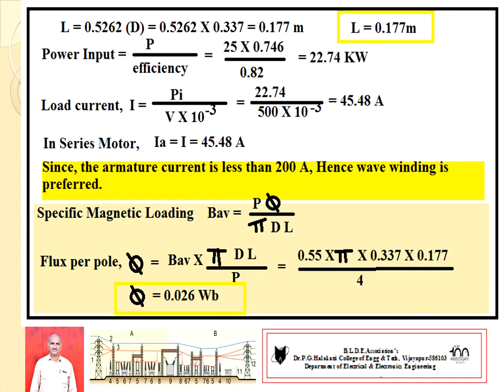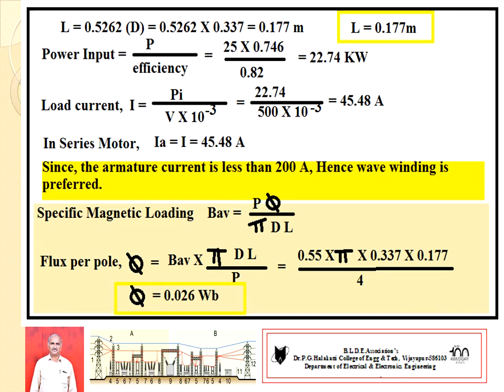It is also well known fact, power input equal to output divided by efficiency. So output, it is 25 into 0.746, it is in kilowatt. Efficiency is given 0.82, then we are going to get 22.74 kilowatt. This is power input.